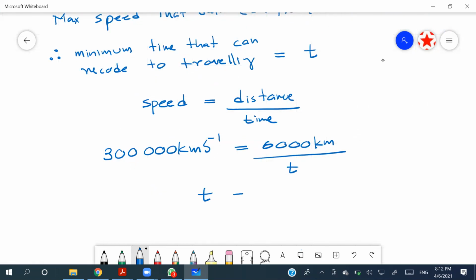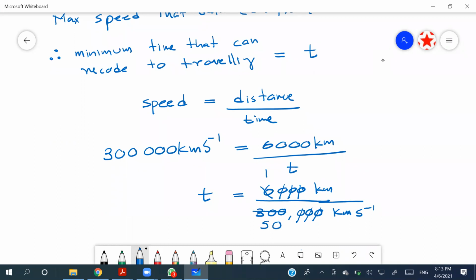So t will be equal to 6000 divided by 300,000. This is kilometers, this is kilometers per second, right? So these three cancel for these three, and there is 1 for 6, and you get 50 over here. 30 it is 5, so it is 50.